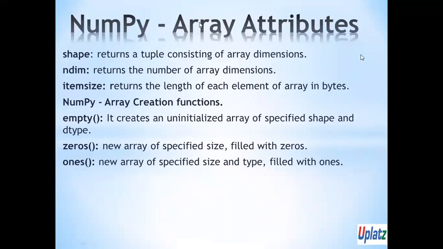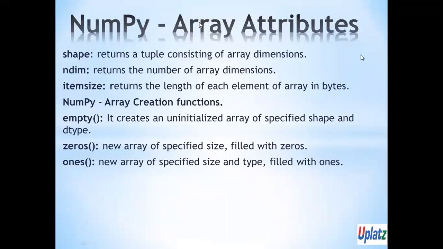And what is ndim? It tells the number of dimensions the array has. The array can be 1 dimension, in which case ndim will return 1. The array can be 2 dimension, in which case ndim will return 2. It can be 3 dimension.